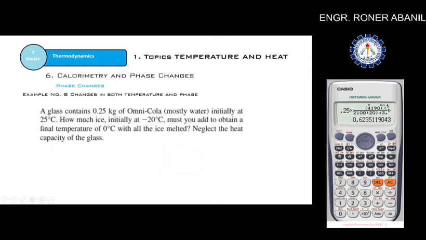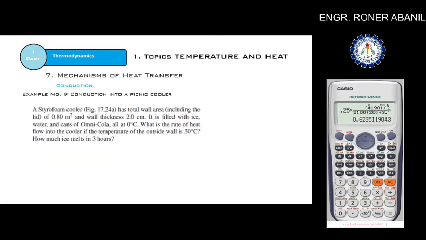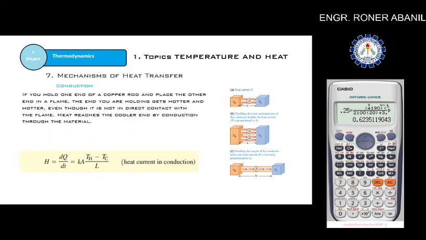So, tingnan natin, no? Ay, hindi ko na pinakita dito. So, tingnan nyo sa libro, table 17.5. So, materials with large K are good conductors of heat. So, materials naman with small K are poor conductors or insulators.